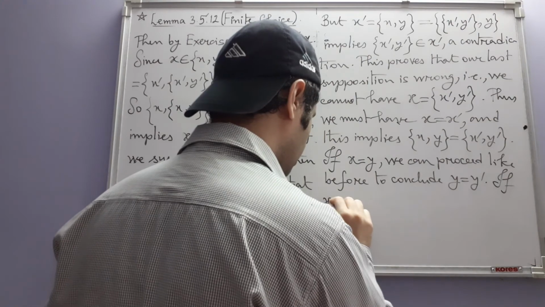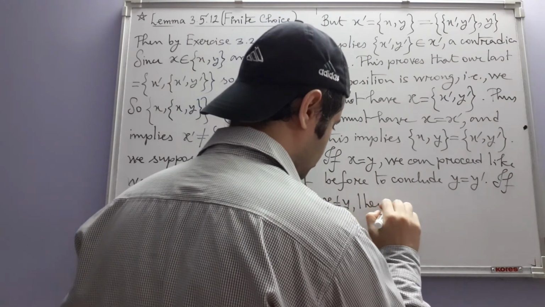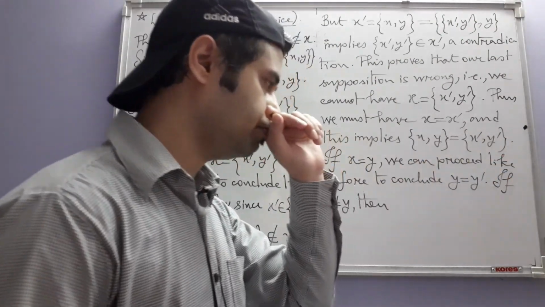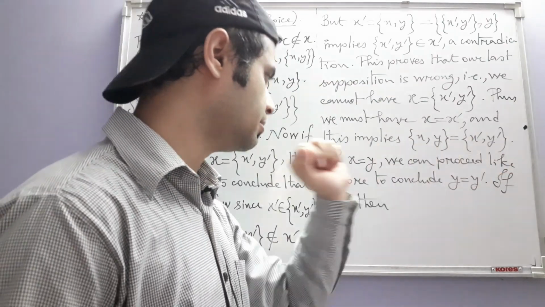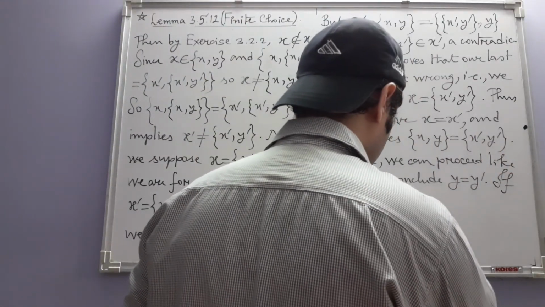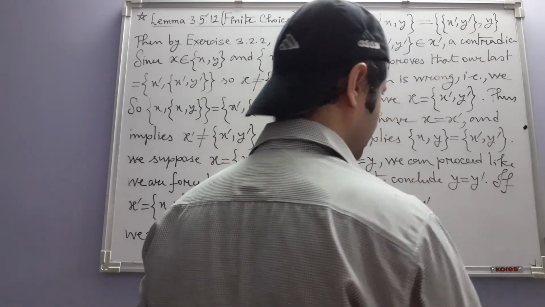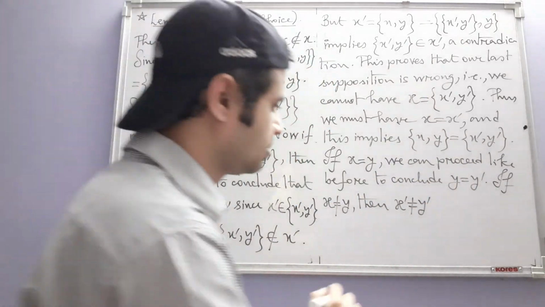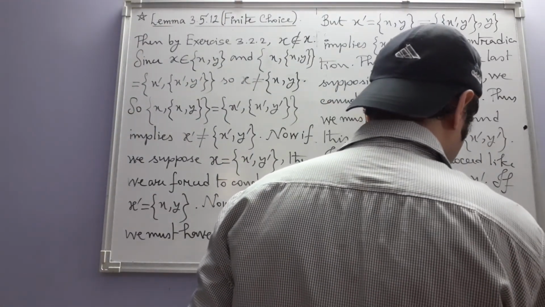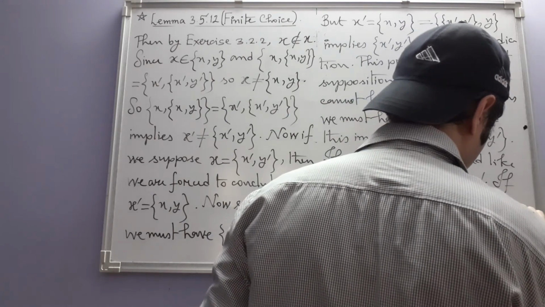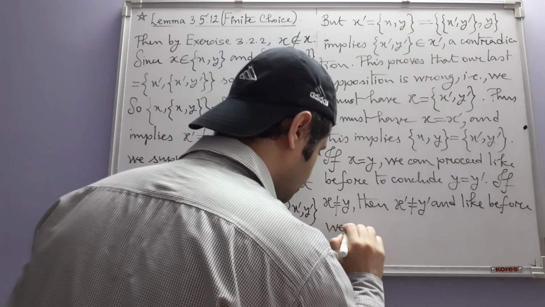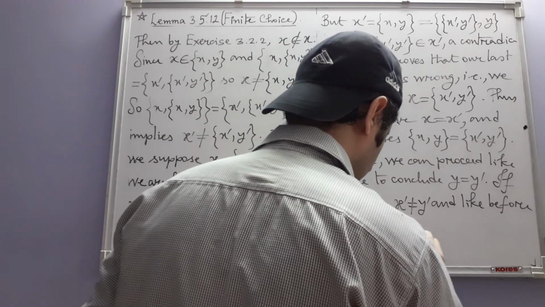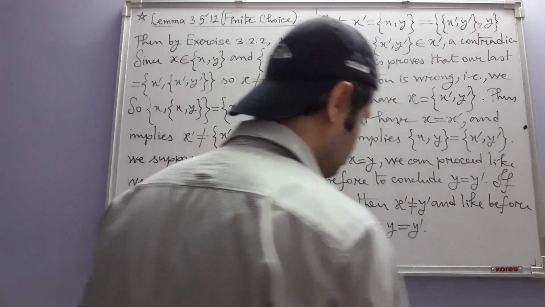If x is not equal to y, then also we know how to conclude y is equal to y'. You see, x is not equal to y means then x' is not equal to y', because the left hand side will be a two element set, so the right hand side must also be a two element set. And here also, like before, we have y is equal to y'.